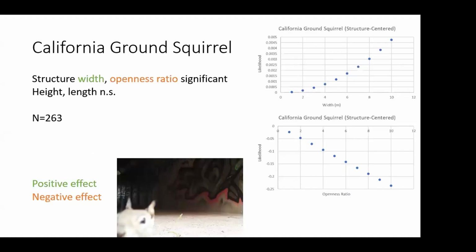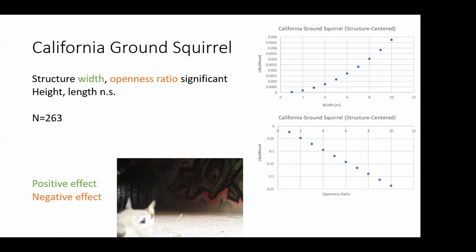Okay, I'm going to talk about the structure-focused models, and I'm going to show a couple of things. One is that if a word is green, that means there's a positive association with that variable and wildlife tolerance or use of the structure. So in this case, California ground squirrel, they have a positive relationship between structure width and the likelihood of use.